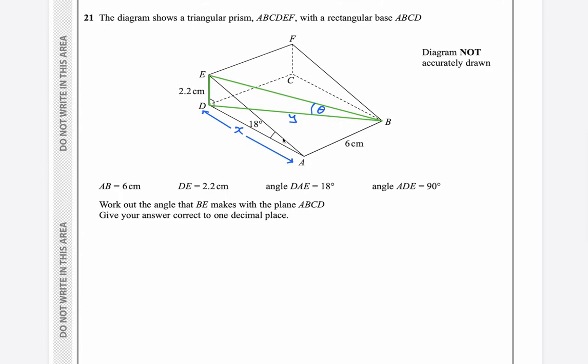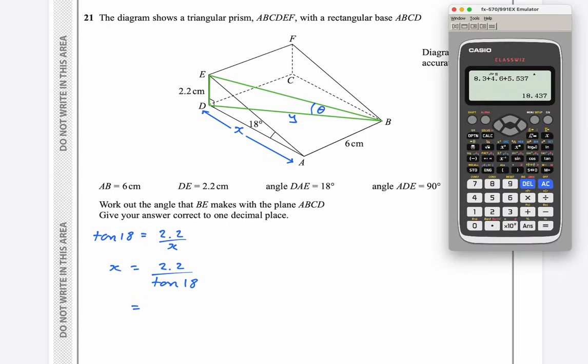So first let's get X. Now I'm going to use SOHCAHTOA because this is a right angle triangle, so I'm going to say tan 18 is equal to 2.2 over X, which means if I multiply across, X is equal to 2.2 divided by tan 18.